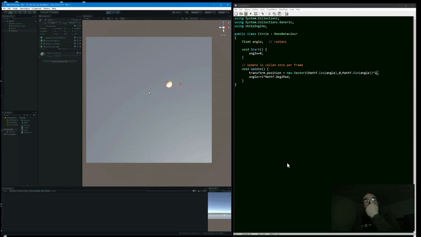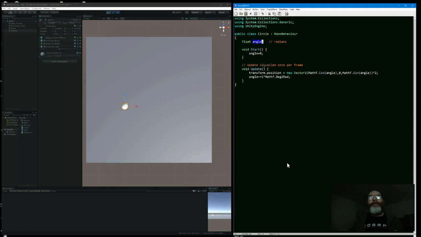But there is a lot here to look into, because then you might think, how can we improve this? Well, the first thing is, I just want to show that here we have this variable angle. We're adding per frame.